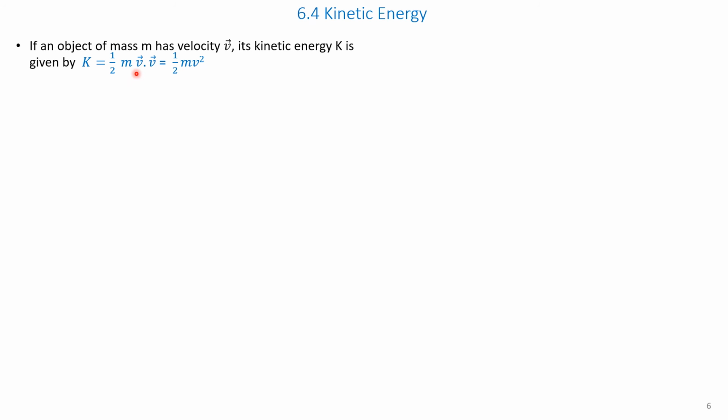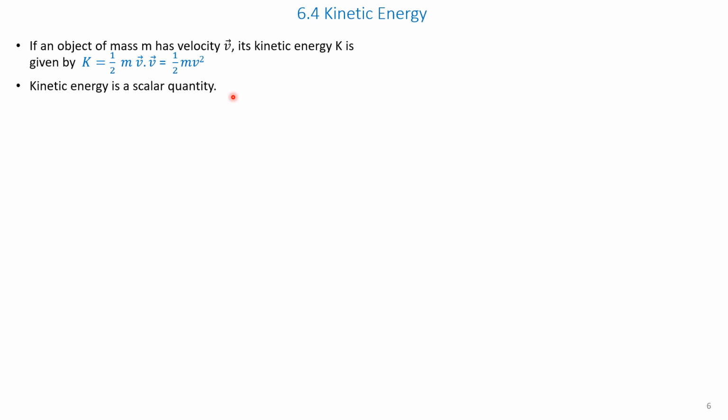Next is section 6.4, that is kinetic energy. The kinetic energy K of an object of mass m which has a velocity vector v is given by the relationship K is equal to half into m, that is mass, into vector v dot v, that is equal to half mv square.